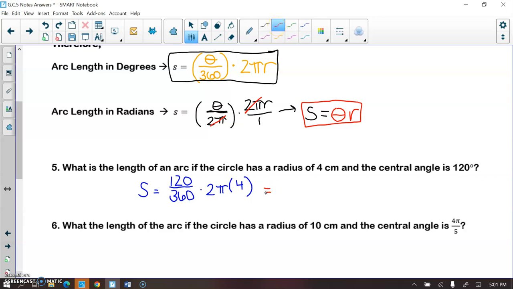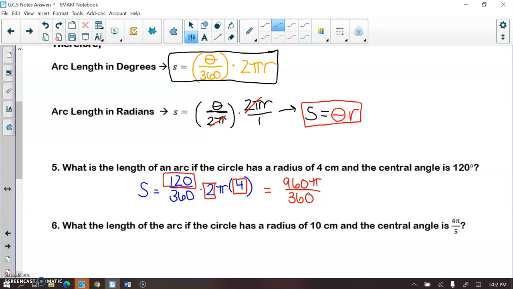So if I multiply, I'm just going to leave the pi alone. I'm going to tack that on at the end. I'm going to multiply the 2, the 4, and the 120. That gives me a 960. Then I'm just going to tack the pi on, and then all over a 360. And now we're going to reduce. Both the numerator and denominator are divisible by 120.